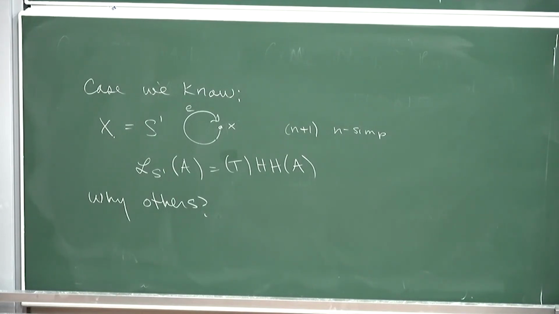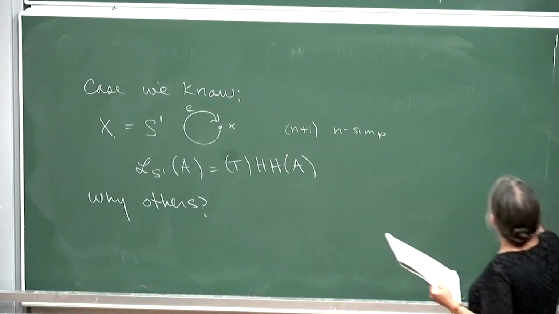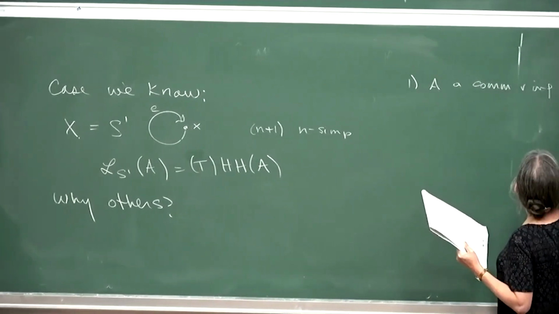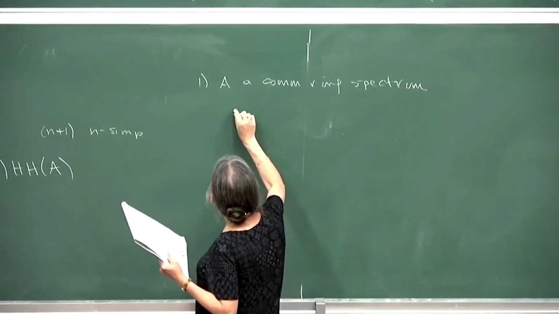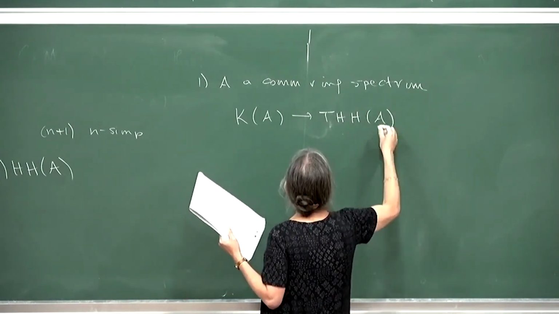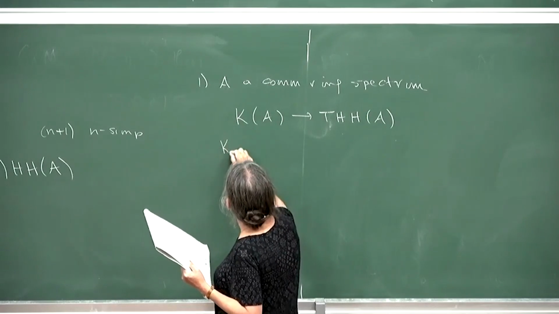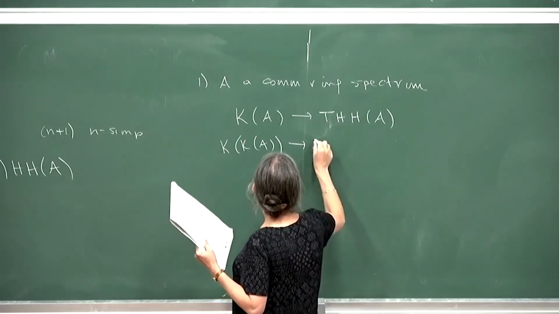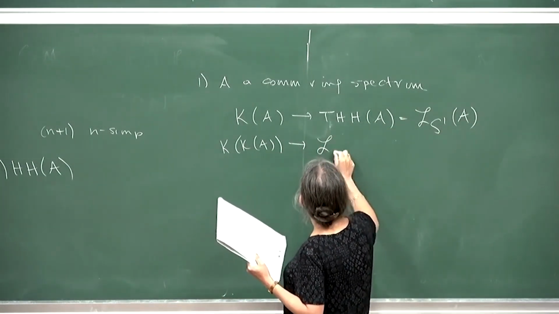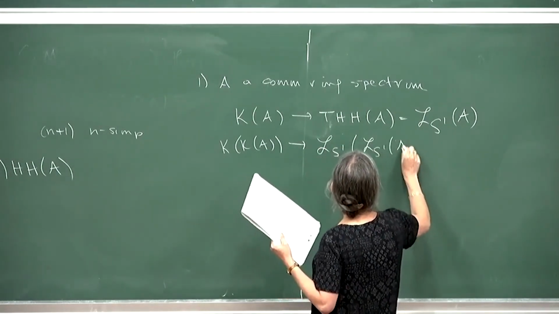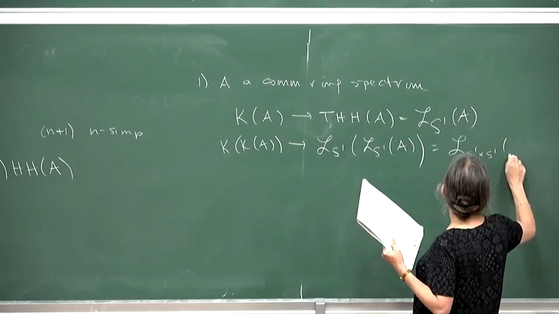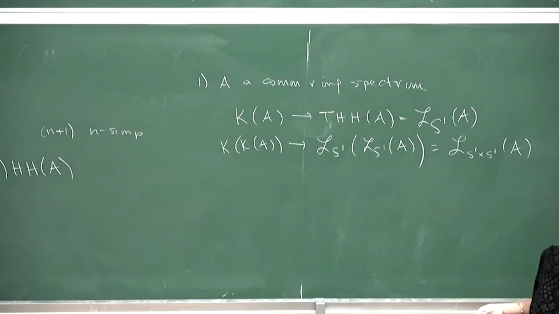One is for a commutative ring spectrum, we have the topological Dennis trace from K of A to THH of A. But then we get another commutative ring spectrum, so we can iterate, so we can map K of A into this thing, which is LS1 of A. So we can iterate and map it into LS1 of LS1 of A, which by what I wrote there is L of S1 cross S1 of A. And of course, if you keep on doing it, you map in higher and higher tori.